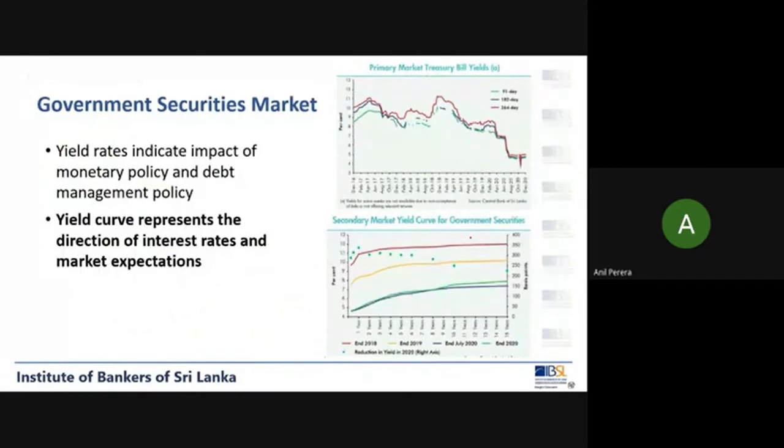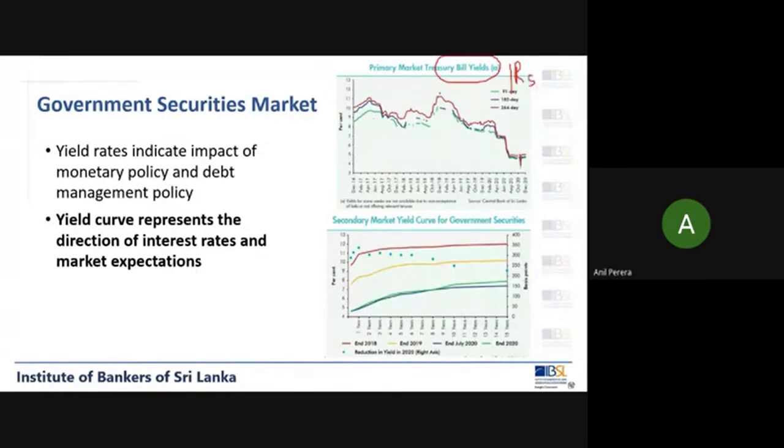So here we have some information on the government securities market in terms of yield rates. I think we discussed this to some extent. We basically monitor the movements of the government securities market through the movements of yield rates. So T-bill yields mean actually the interest rates for government securities.